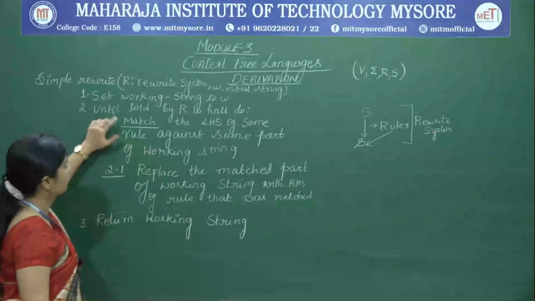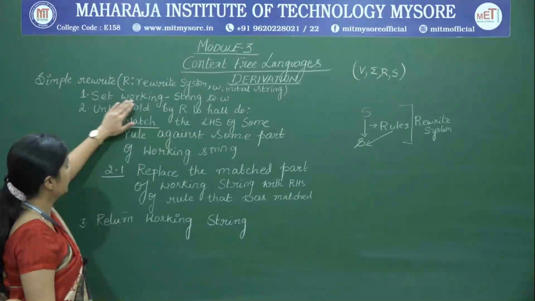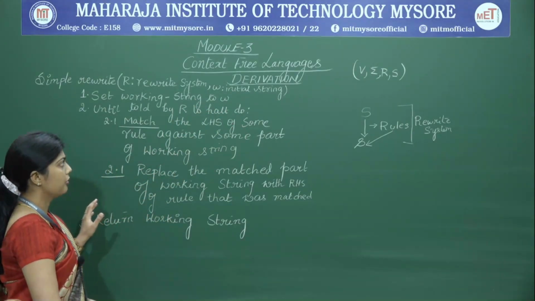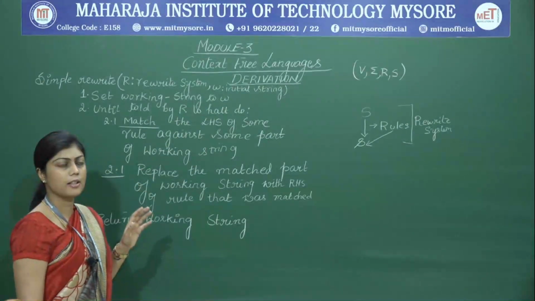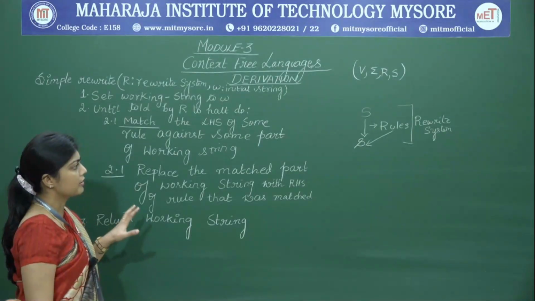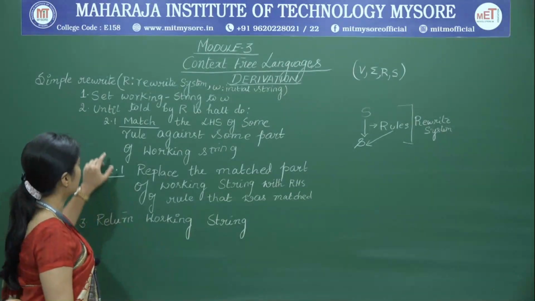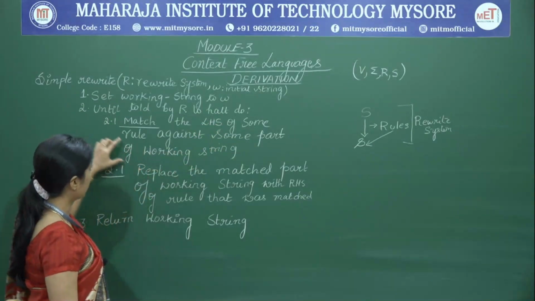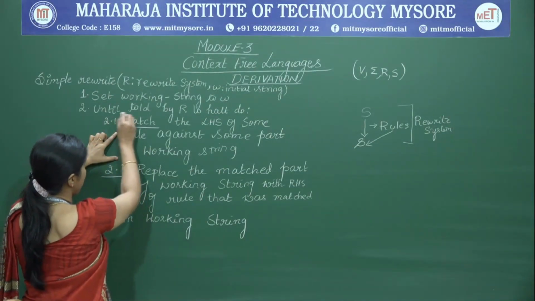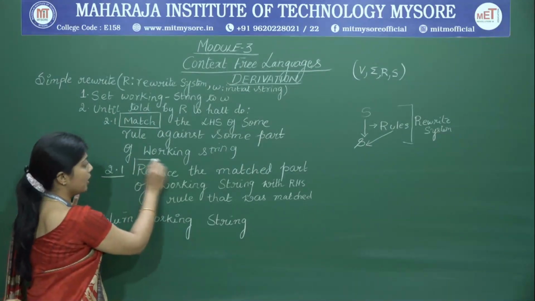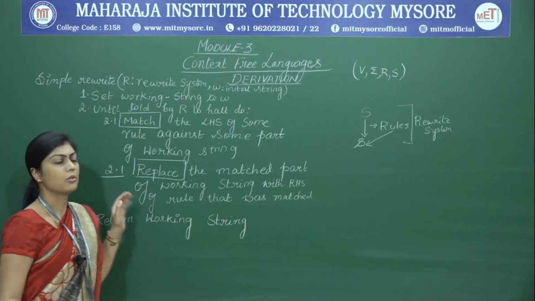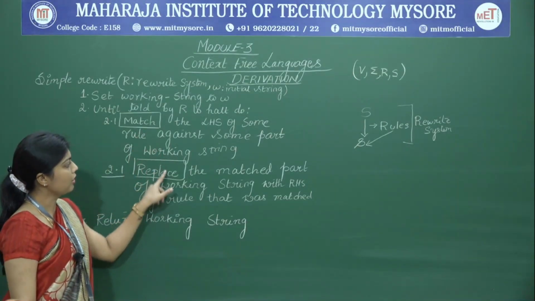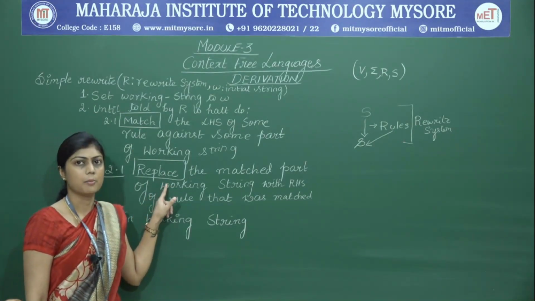Initially, we set the working string to W, the initial string that we begin with, whatever is there in the rule of the start symbol. Until told by R to halt, we have to do two things. One is a match, and after matching we are going to do a replace.